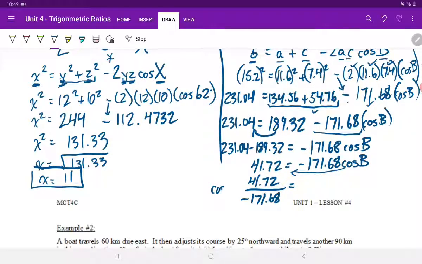So I'm just going to write the cos inverse of this number equals B. That just saves me some space because I'm running out of space. Okay? So, second function, cos, open a bracket, 41.72 divided by negative 171.68, close your bracket, hit equals, and you get 104.1 degrees.